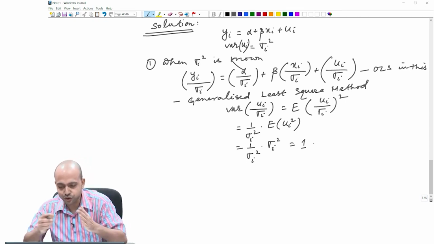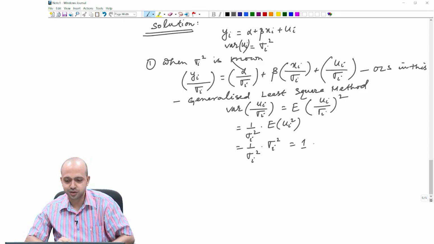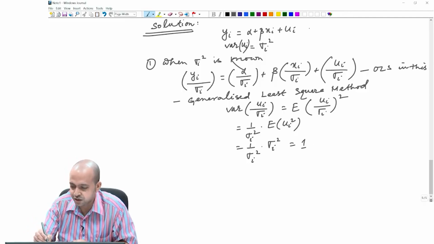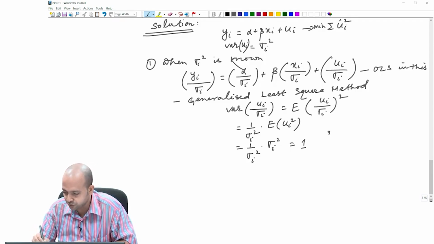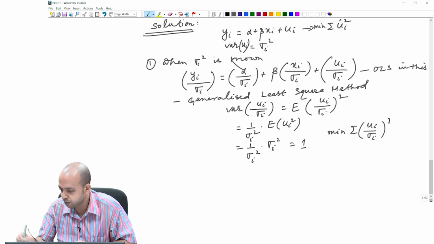Now, if you look at the procedure, in the original regression, while doing OLS, we were trying to minimize ui hat square. And here, in this generalized model, we are trying to minimize ui divided by sigma i, squared.